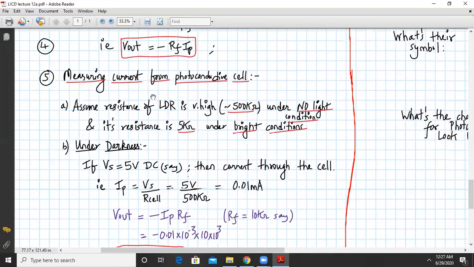Now let us dig a little deeper into how we measure current and how we interpret it in terms of voltages. So, measuring current from a photoconductive cell. Let us assume that the LDR resistance is very high, around 500 kilo ohm under no light condition, and its resistance falls to 5 kilo ohm under bright conditions.